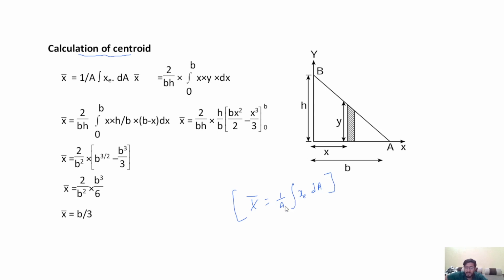This is the composite formula, which means x bar, the centroid of the whole figure, times A, the whole area, is equal to the sum of the individual figures, that is, the centroidal distance of the strip xc times the area of the individual strip dA. Integrating, this is the summation of individual area times individual centroidal distance, which is equal to whole area times centroidal distance of the whole figure.